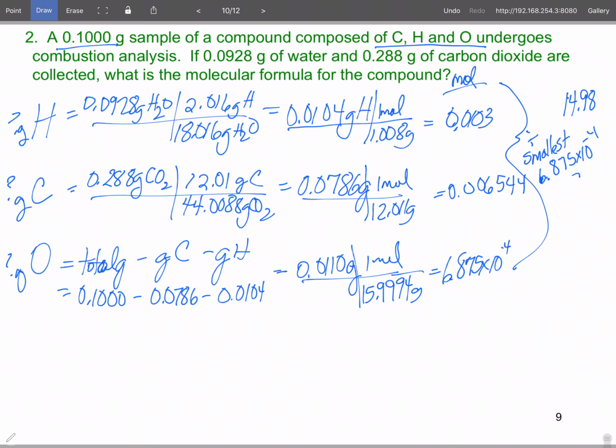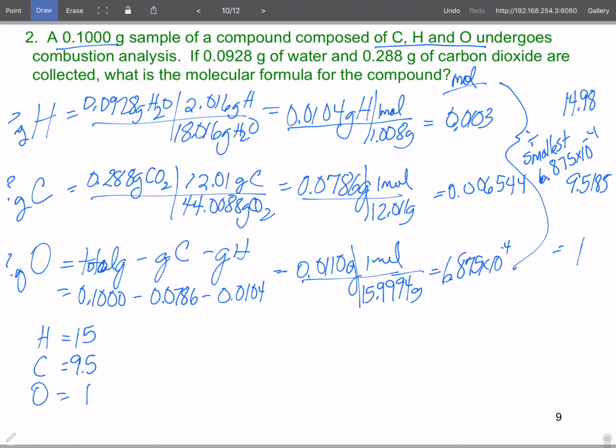We're going to get 9.5185. And we're going to get 1. So that means that at this point in time, we have 15 hydrogens. We have 9.5. Remember, we can't round 0.5, so we have 9.5 carbons. We have 1 oxygen.